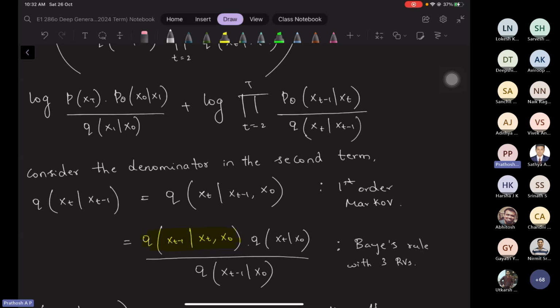So if you want to optimize for the ELBO, you can't simultaneously do it from both directions.